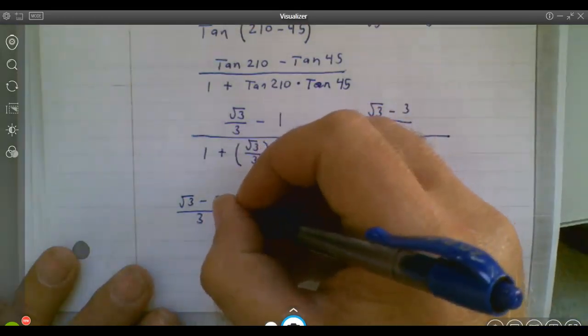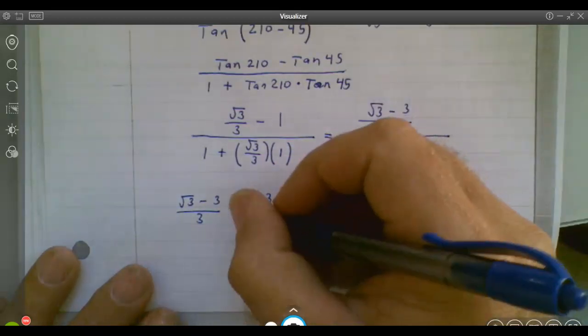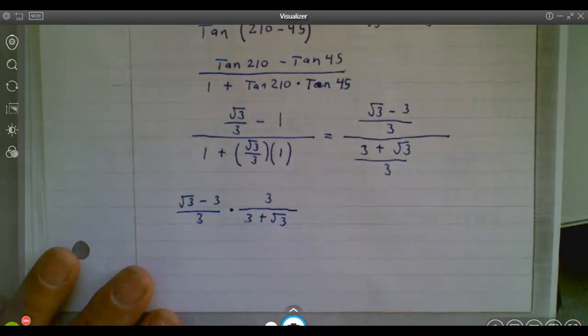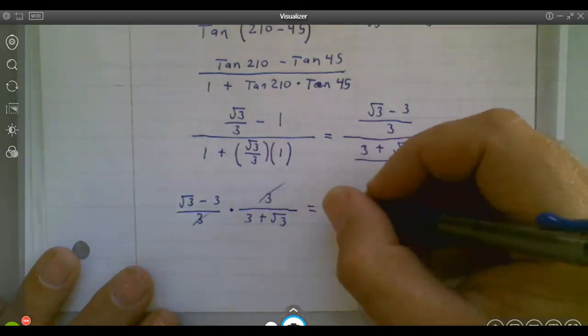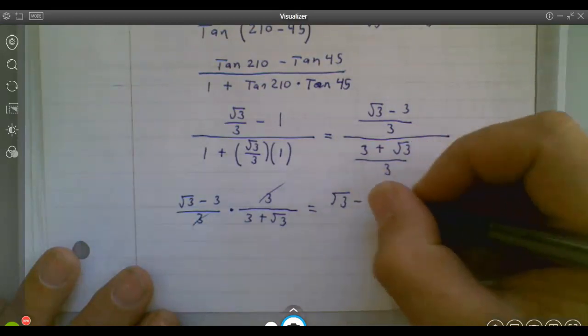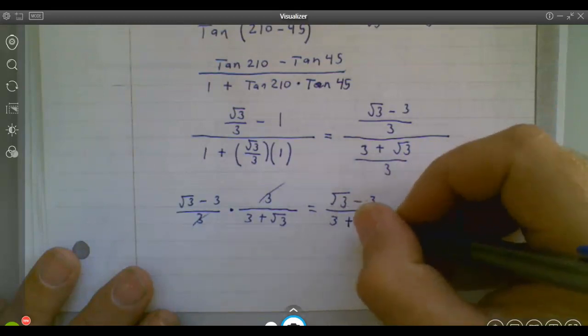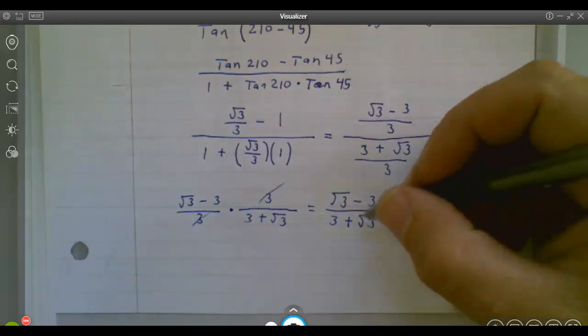Again, I'm going to change that to multiply by the reciprocal. Which would look like this. Of course, I can cross-cancel those 3's, and I'm simply left with rad 3 minus 3 over 3 plus rad 3.